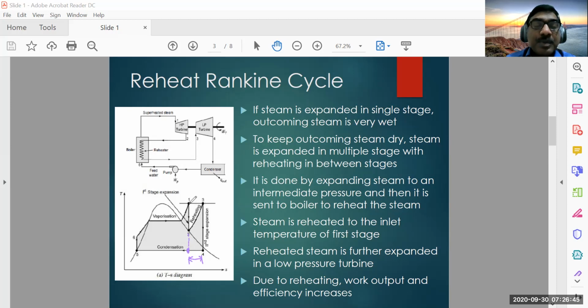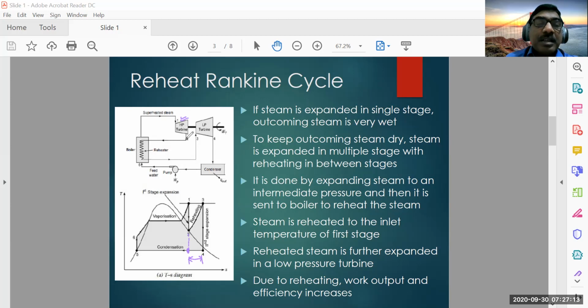So typically the steam will be expanded in a high pressure turbine to some intermediate pressure and till the saturation point of the steam. So here you can see, this is the high pressure turbine. In the high pressure turbine, the steam is expanded partially to some intermediate pressure.